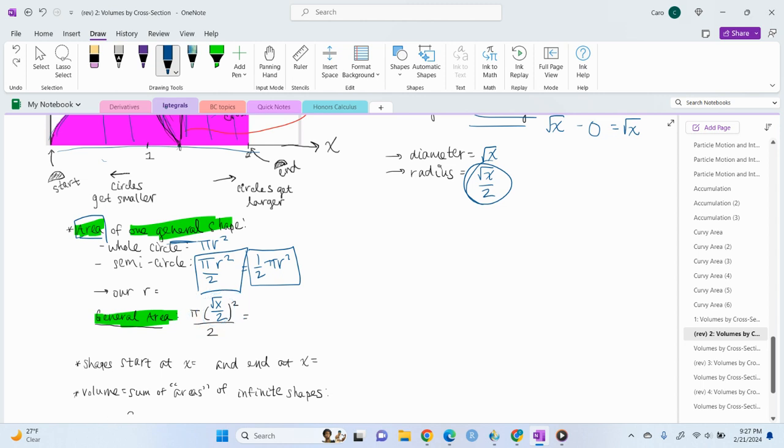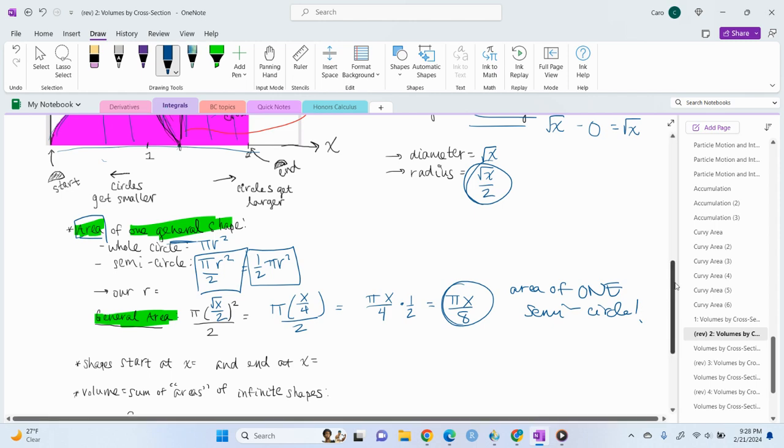Okay, so let's simplify this a little bit before I think about an integral. I'm still just doing geometry right now. Square root of x over 2 squared would be x over 4. Let's break this down a little bit. This would be pi x over 4, and dividing by 2 is the same as multiplying by 1/2. So this is pi x over 8. And remember, this is the area of one random semicircle.